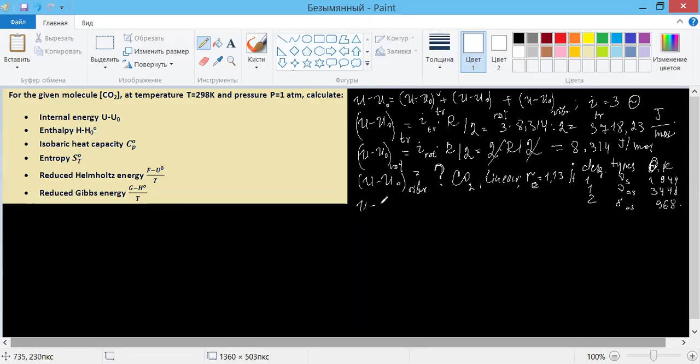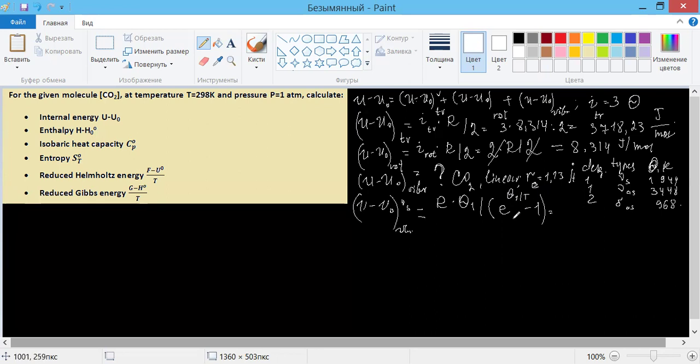U minus U sub 0 of vibration, for nu sub S, is equal to the gas constant times the characteristic temperature theta sub 1, divided by e, it's the Euler number, right, e raised to theta sub 1 divided by T, minus 1.